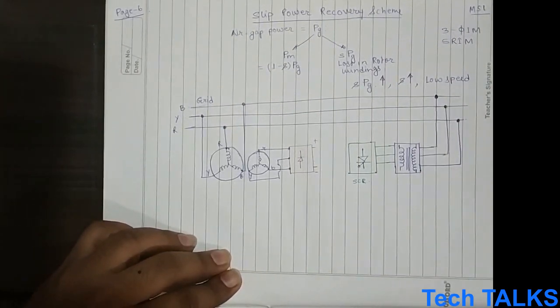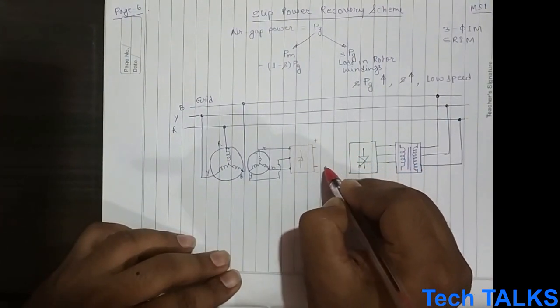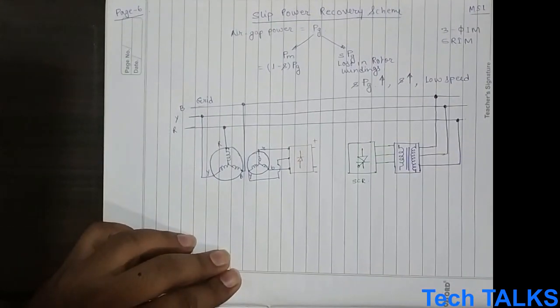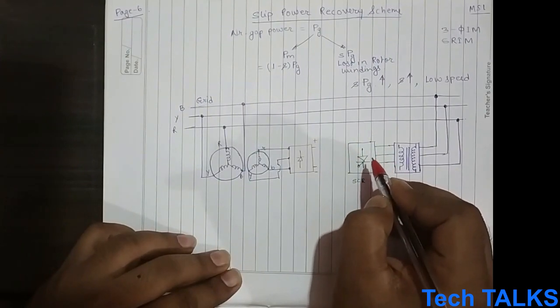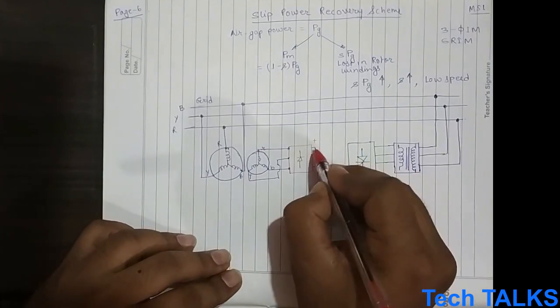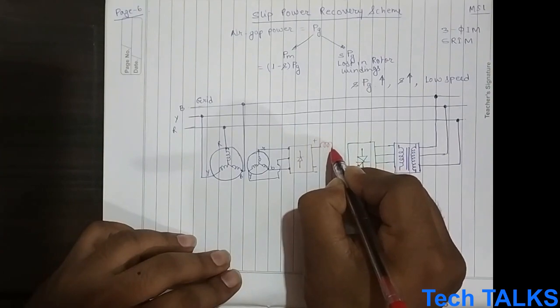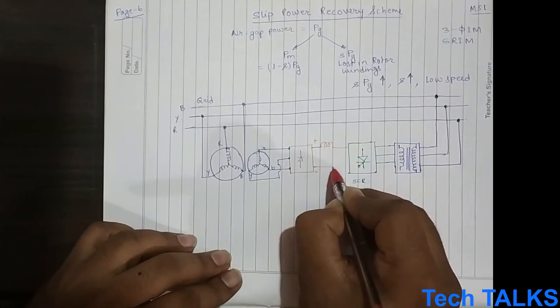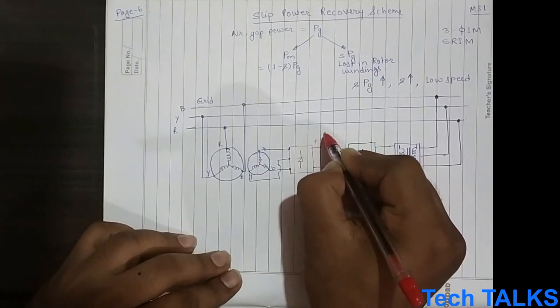So since this is a current control device, a current source is an obvious choice on this side. It is operating as a current source inverter, CSI. So when it is operating as a CSI, adding an inductor is an obvious choice. So we will be adding an inductor over here, LD.